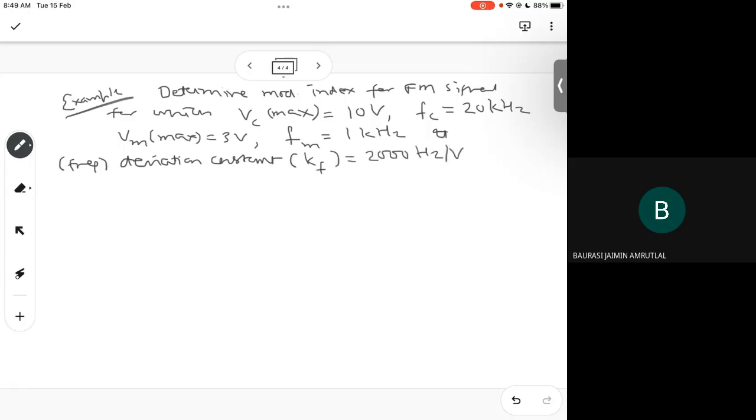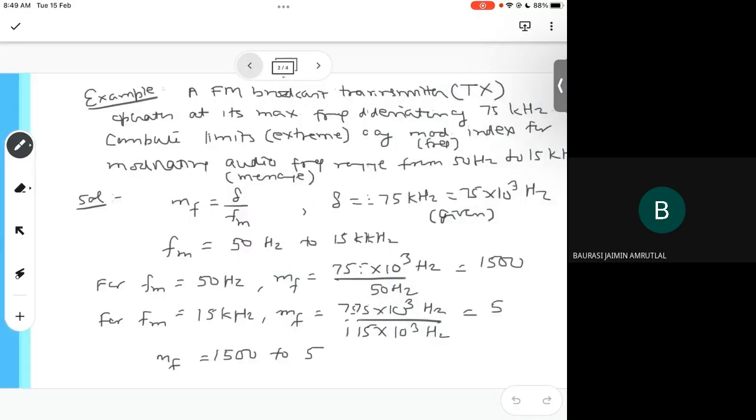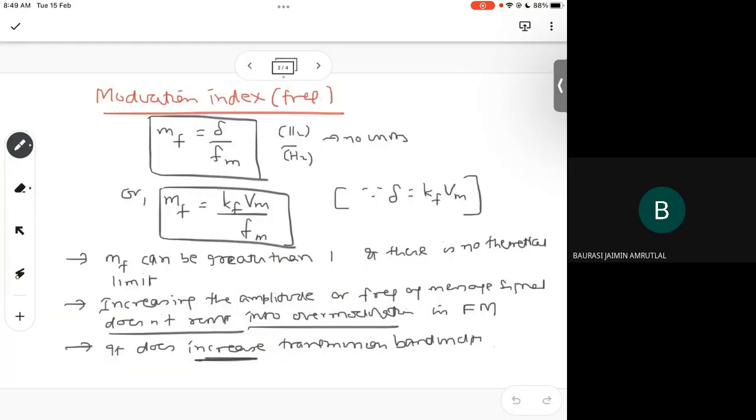If you recall, in my last lecture also somebody asked this question, and I am stressing it again in this slide: kf has units of hertz per volt. So this is hertz per volt, and then volt will cancel, hertz will cancel, so it still has the same units.